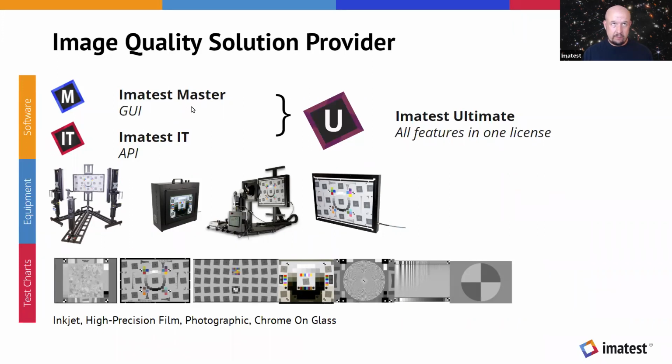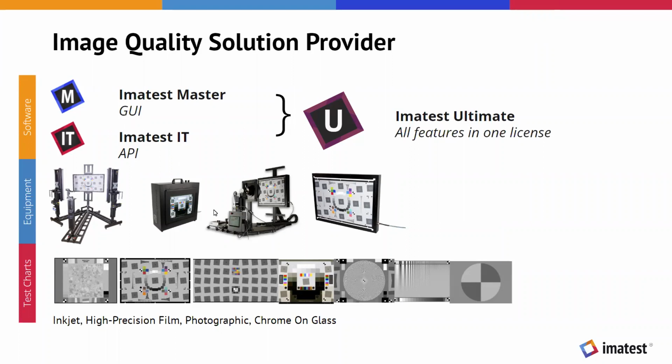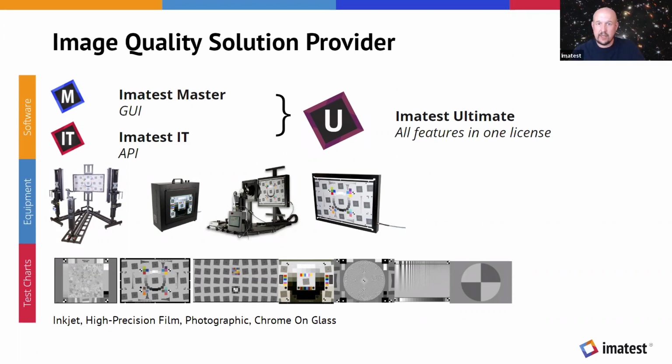Our main software products are imatest Master that has the user interface, and imatest IT, which is a programming interface. 所以这是我们主要的产品线。imatest Master 呢，它就是使用者界面的，非常方便来去连接。然后另外 imatest IT 就是工业测试版本，它适合用在大批量像产线上面，它是有 API 的接口。 imatest Ultimate is a license that combines both of those software together in one.